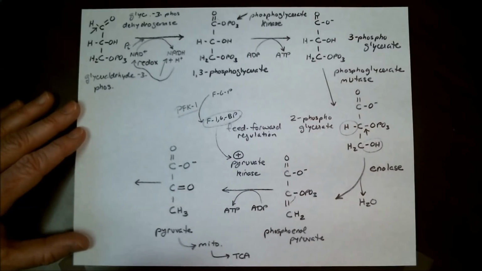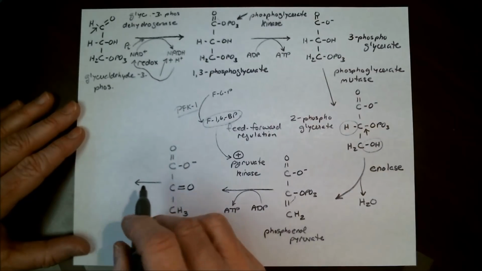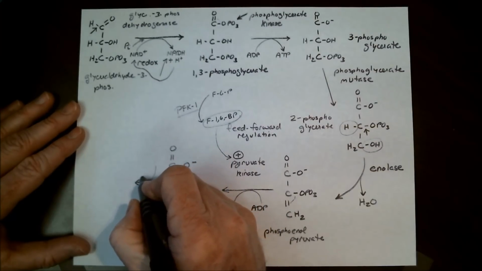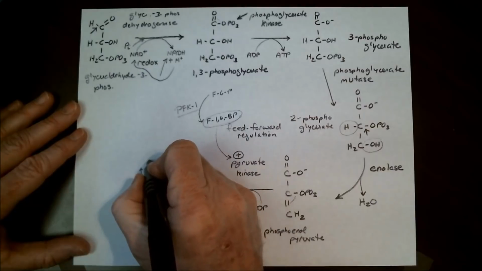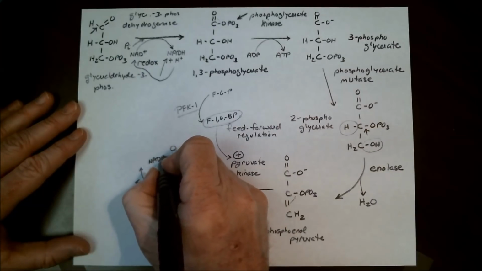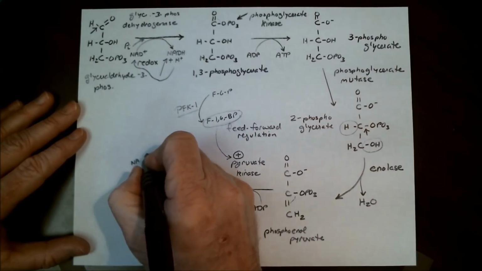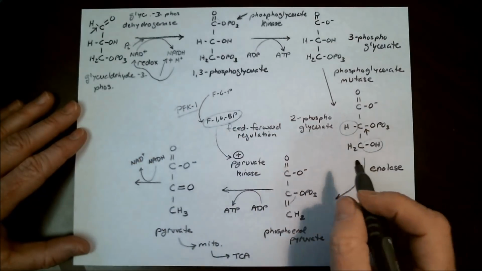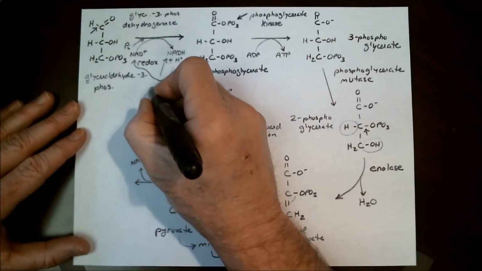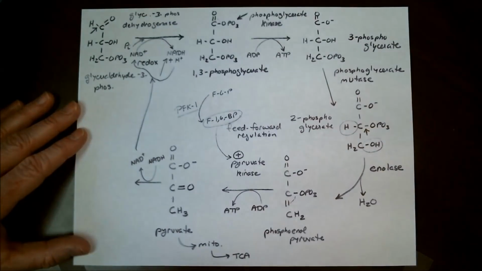That means we have to perform a redox reaction on NADH, and we are going to do that with pyruvate. Essentially, what we are doing is converting NADH to NAD+, which will allow us to continue glycolysis.